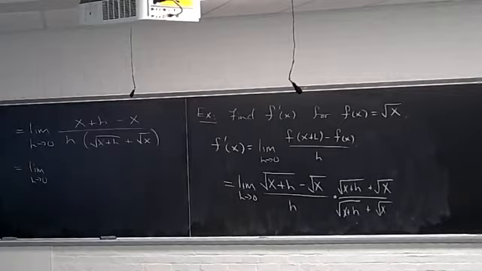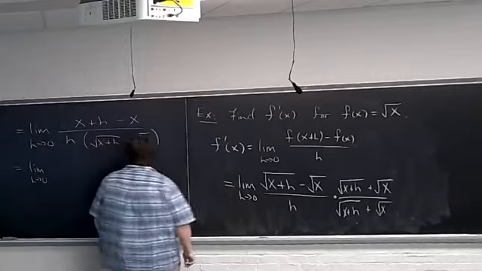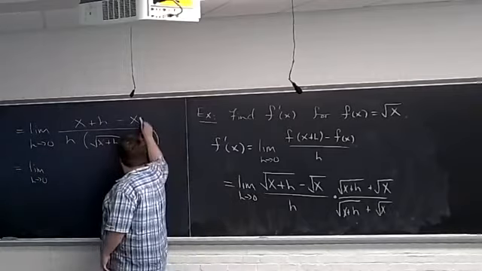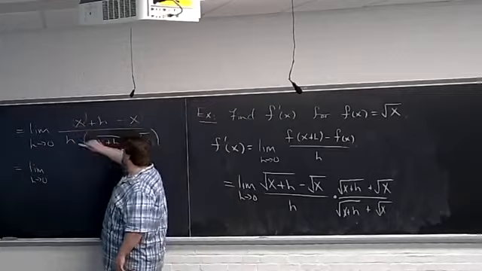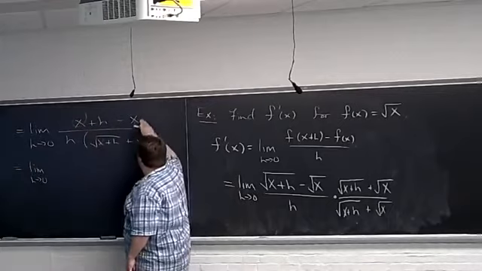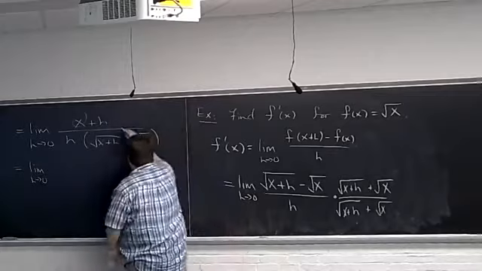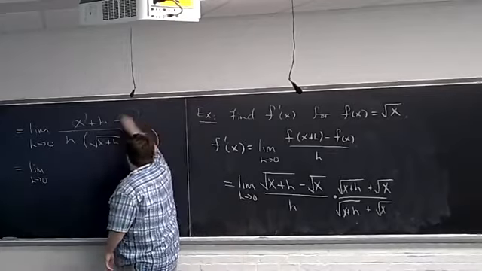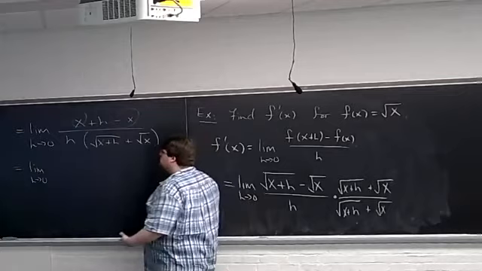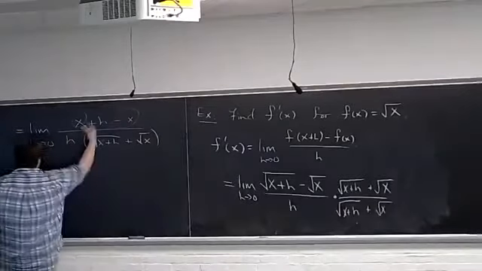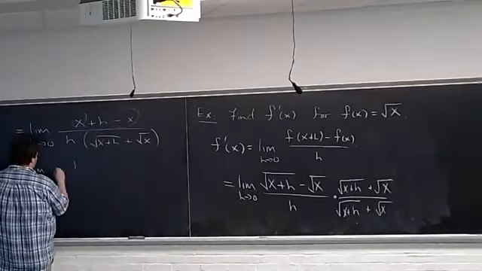Okay, now what can we do? Well, we can't substitute h equals 0, but we can notice that x and negative x add to 0, so they cancel on the top. We're left with h on top, which will cancel with that h in the bottom.